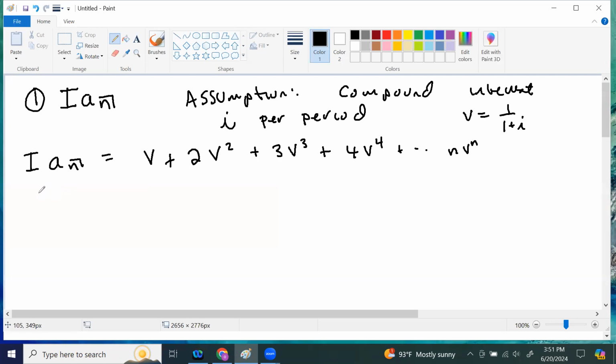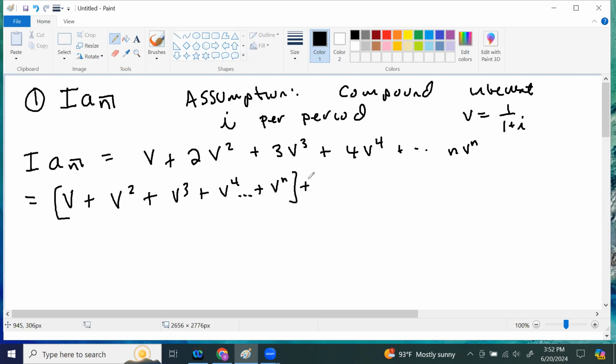How I'm going to write this out is v, then I'm going to take a v squared from this one, a v cubed from this one, a v fourth from this one, all the way out to a v to the n. I'll put a little ellipsis here.